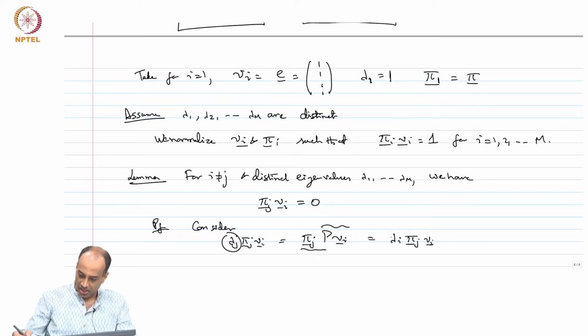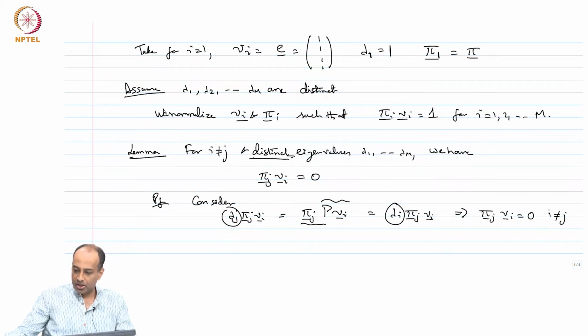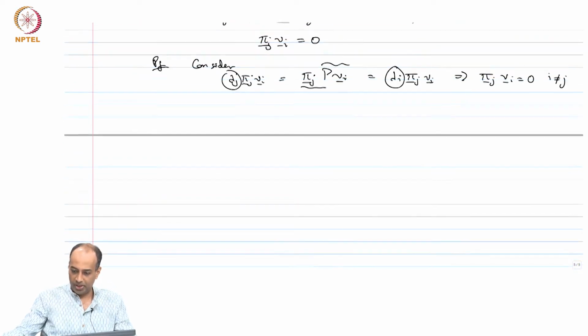And these lambda j and lambda I are not equal, right. You are assuming distinct eigenvalues. This is the special case of distinct eigenvalues. This implies what you want, pi j nu I is equal to 0 for I not equal to j, all right. So, this will be useful in writing out the diagonalized form of the matrix P.